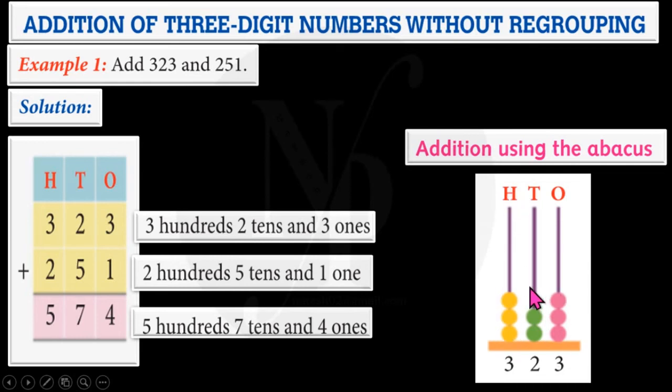So now this abacus represents the number 323. Now we have to add 251 to this number. There are 2 hundreds in the number 251. Therefore we should add 2 more beads to the hundreds rod.